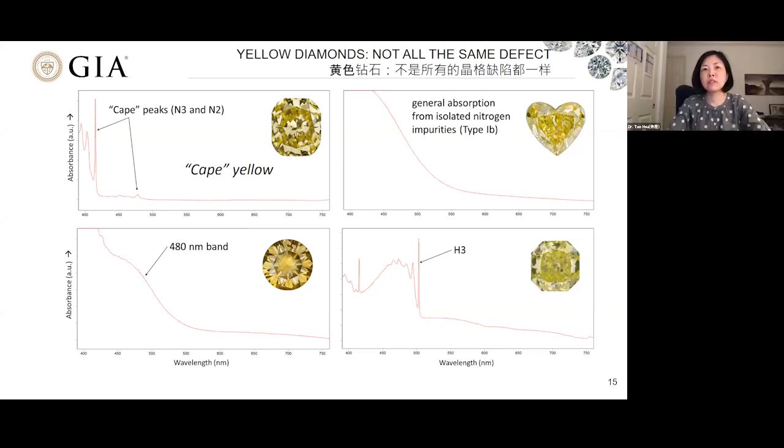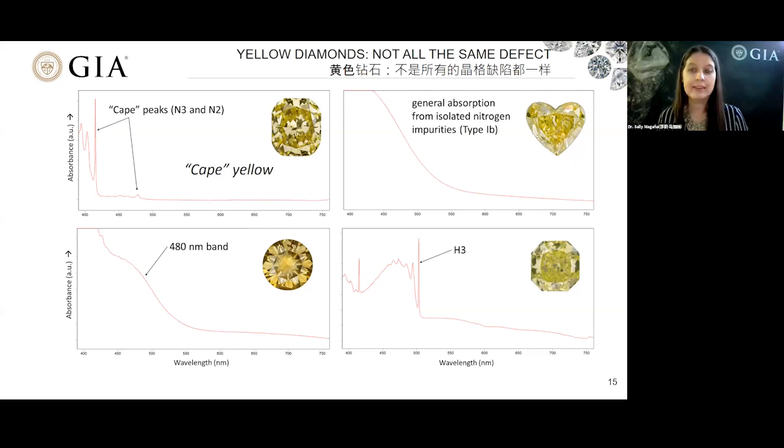黄色钻石有4种主要成因。如果光看这4颗钻石的照片，您是看不出来它致色的原因有什么不同的，所以一定要通过看吸收光谱，才能看出背后致色的原因。The upper left is a cape yellow. Most yellows, about 70%, have this as a cause of color.